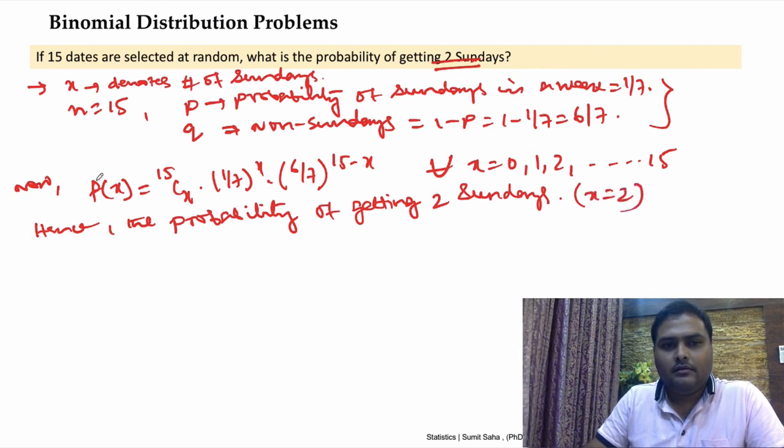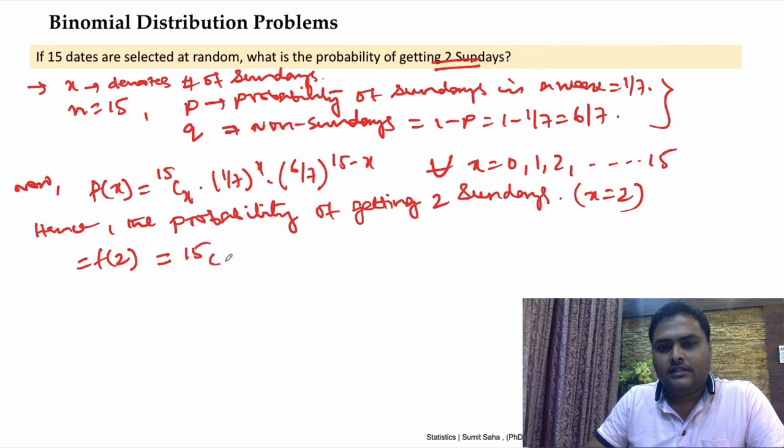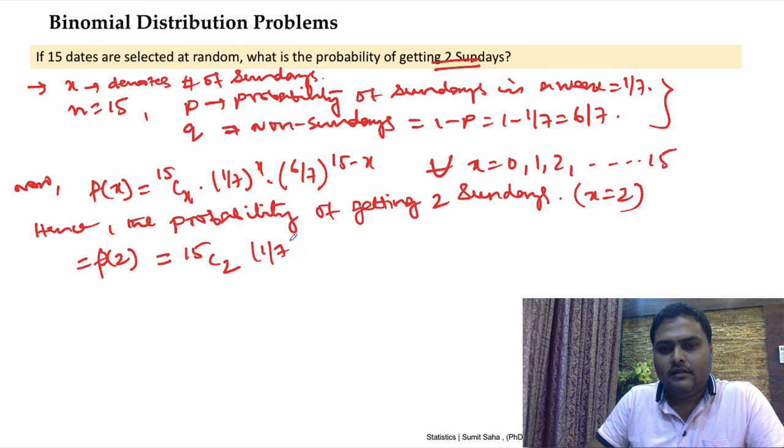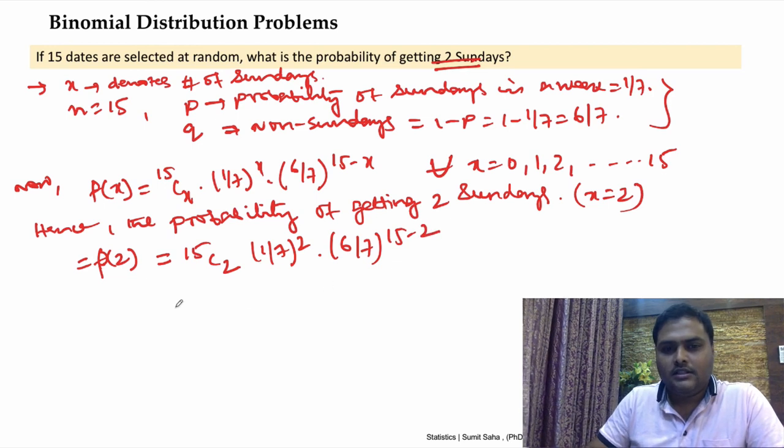So herein f(2), or we can say the probability of 2, in both cases it is the same, is nothing but 15C2 (1/7)^2 (6/7)^(15 minus 2).